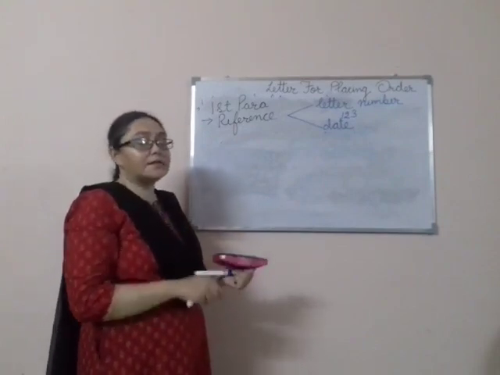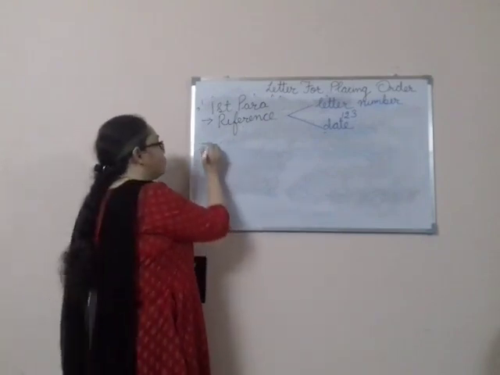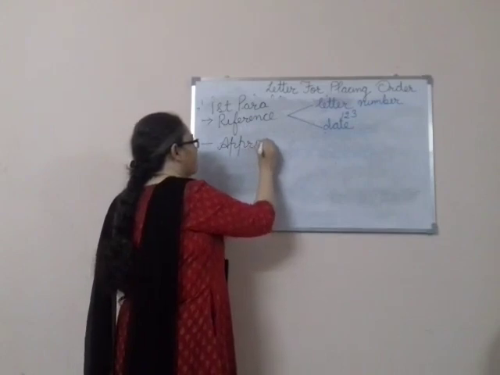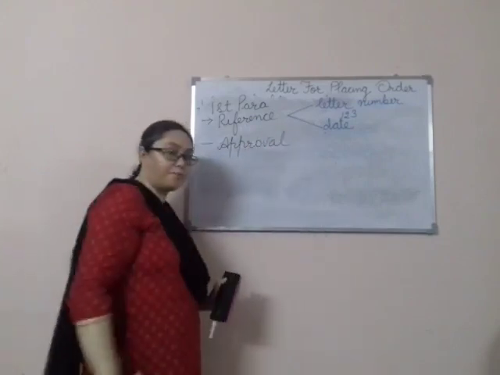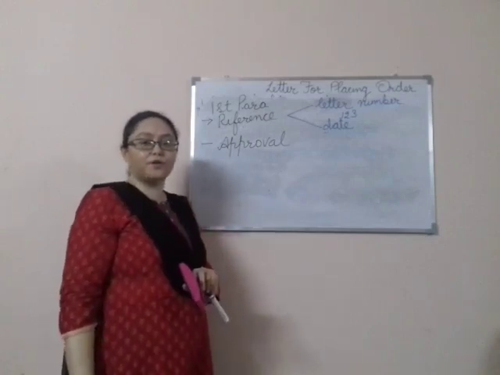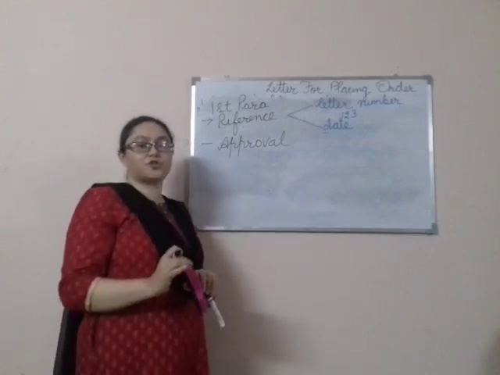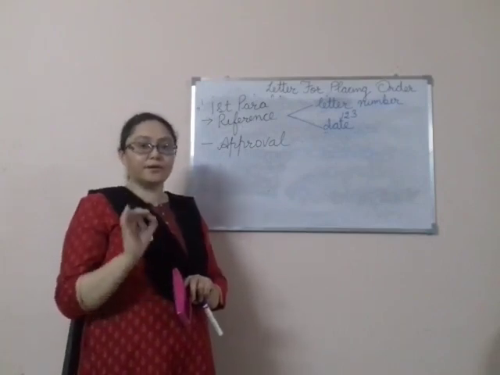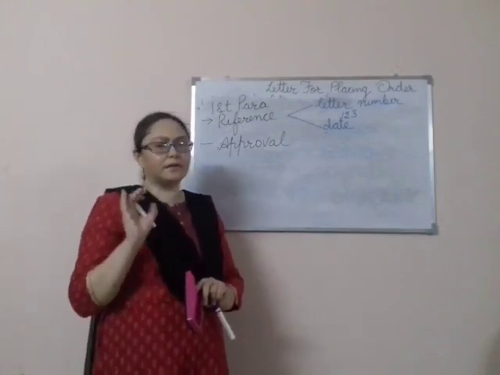Now, the second thing that we have to write is the approval. Now in this approval you will write that your institution or your firm or your company has approved the rates given by their company.